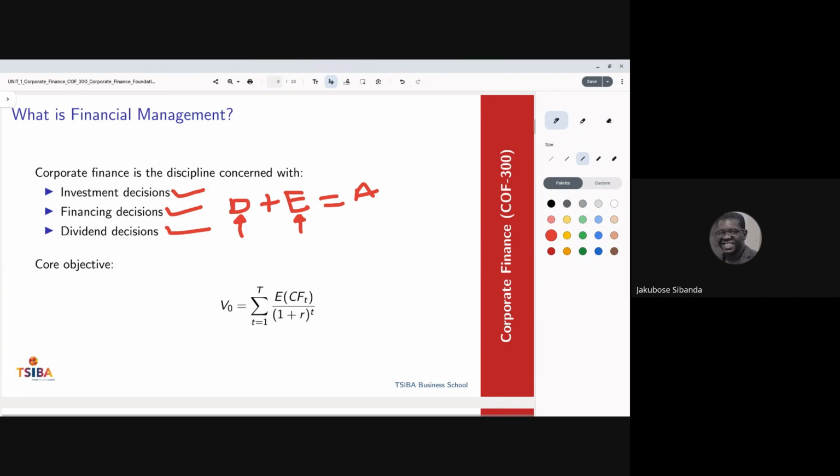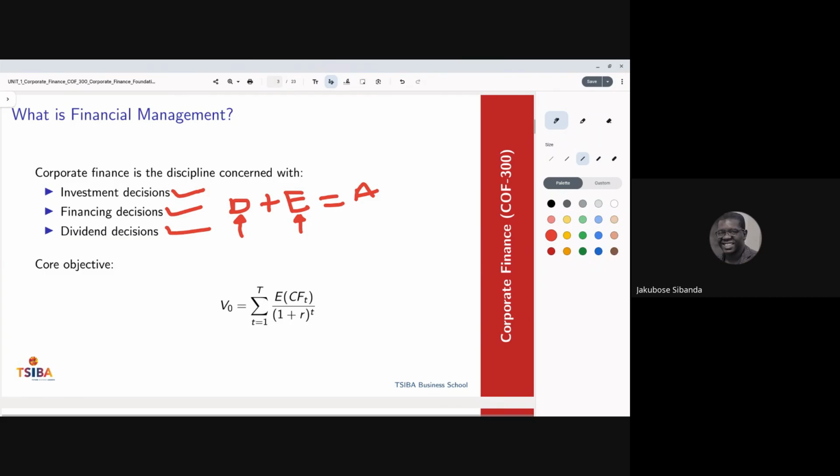All these decisions are meant to be done in such a way that the business remains sustainable. You don't want to make a poor investment decision. You don't want to finance that investment with a poor finance solution. You also want to pay your shareholders, or pay your interest, but also remain with a business that is sustainable.